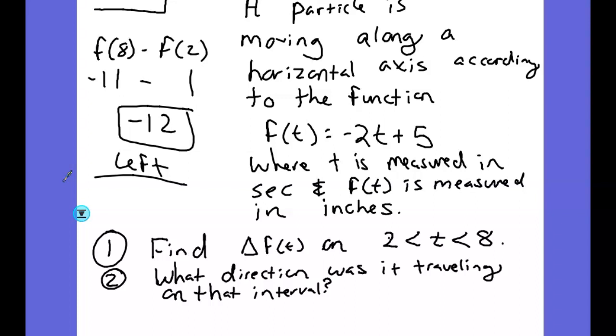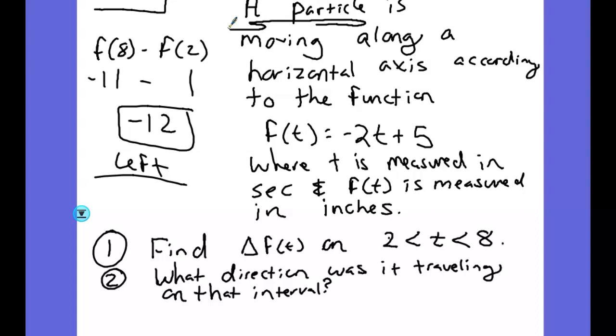It definitely only went left. But don't you guys agree that it's possible that something could have gone to the right, then left, and then right again, and then left again, right? So it could have done a bunch of back and forths, right? So whenever I say what direction was it traveling, I think a better way of saying it is if you compare the first position to the last position, which direction did it move? Ultimately, it went left, right? But I don't want you guys to think it only went left.